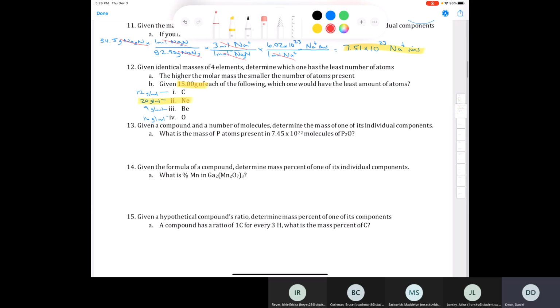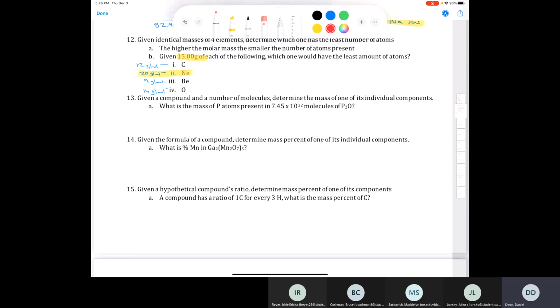Number 13. Given a compound and the number of molecules, determine the mass of one of its individual components. What's the mass of phosphorus atoms present in 7.45 times 10 to the 22 molecules of diphosphorus monoxide? Well, I've got this many molecules. Okay, so that's almost a mole, isn't it? Well, let's see here. I've got 7.45 times 10 to the 23 molecules of P2O.